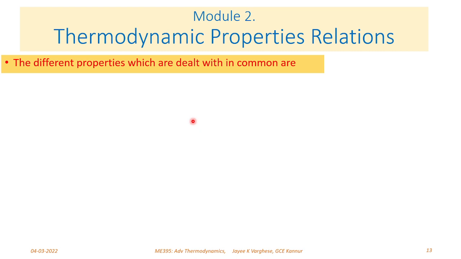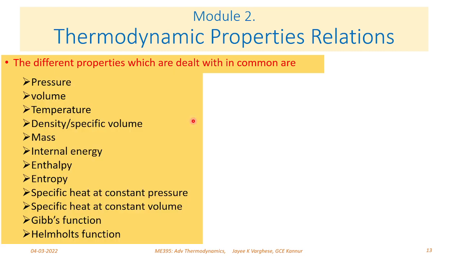We have different properties which we use in normal calculations in thermodynamics: pressure, volume, temperature, density or specific volume (a specific volume is the reciprocal of density), mass, internal energy, enthalpy, entropy, specific heat at constant pressure, and specific heat at constant volume. We also have a couple of other functions called the Gibbs function and the Helmholtz function.